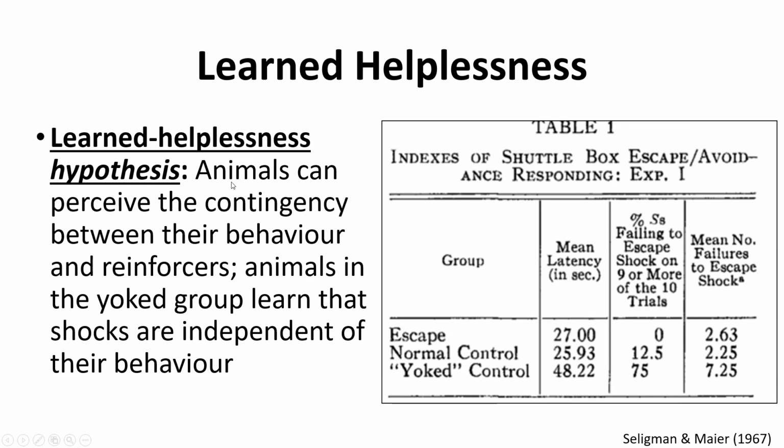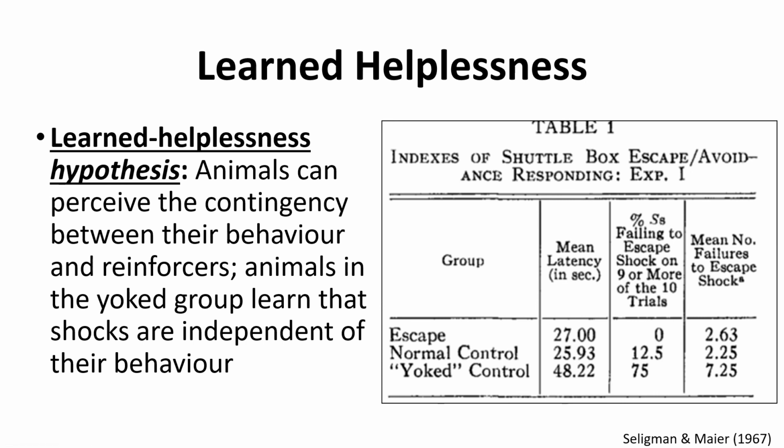So we can say that these animals can perceive the contingency between their behavior and the reinforcers. And animals in that yoked group learned that the shocks are independent of their behavior and are therefore inescapable and therefore unavoidable.